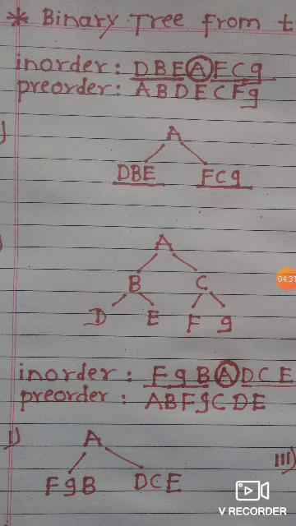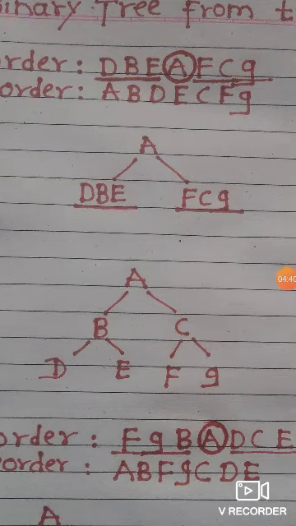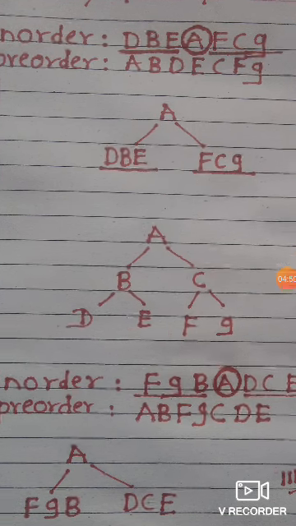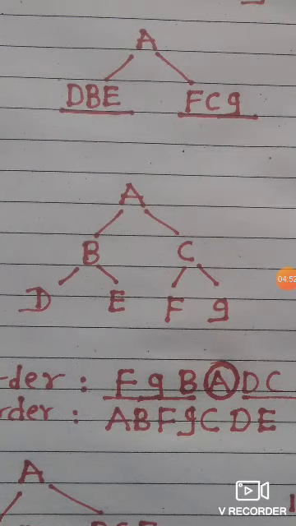Therefore right of A becomes C, and again I go to the in-order sequence, I search for character C. Left of C is F, right of C is G, therefore F is added to the left of C and G is added to the right of C. Therefore the final tree becomes like this: A, left of A is B, left of B is D, right of B is E, right of A is C, left of C is F, and right of C is G.